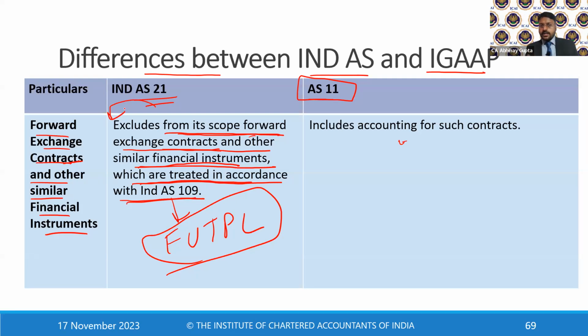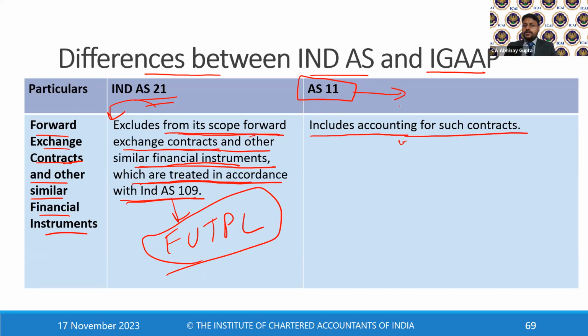And that we had discussed in our previous session when we discussed the scope and scope exclusions for Ind AS 21, right? Now, under AS 11, all these include accounting for such contracts.